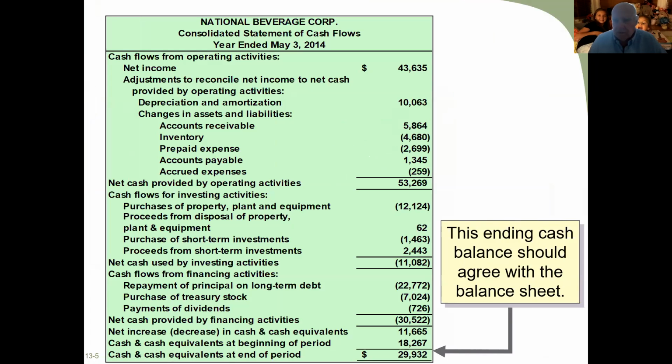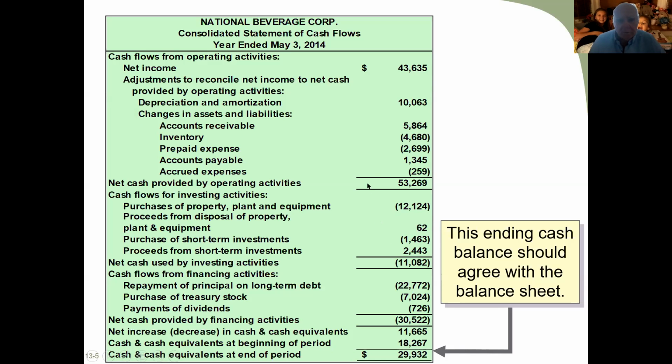And when you add those cash flows up, they must equal the difference in cash between two periods. Cash at the beginning of the month was $18,267, and it went up to $29,932. Therefore, the cash flows have to equal that amount.